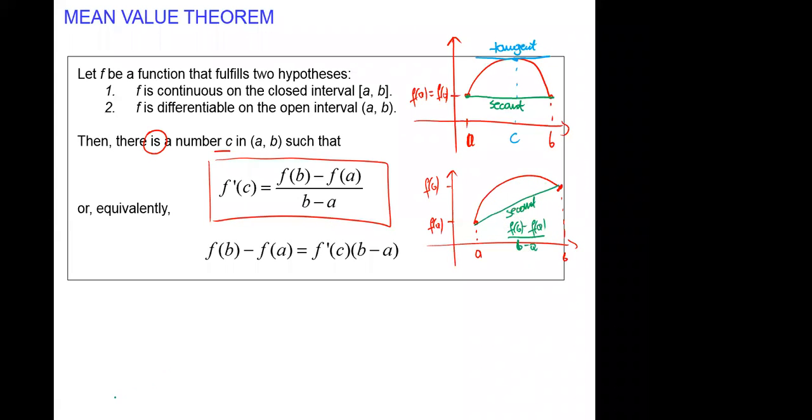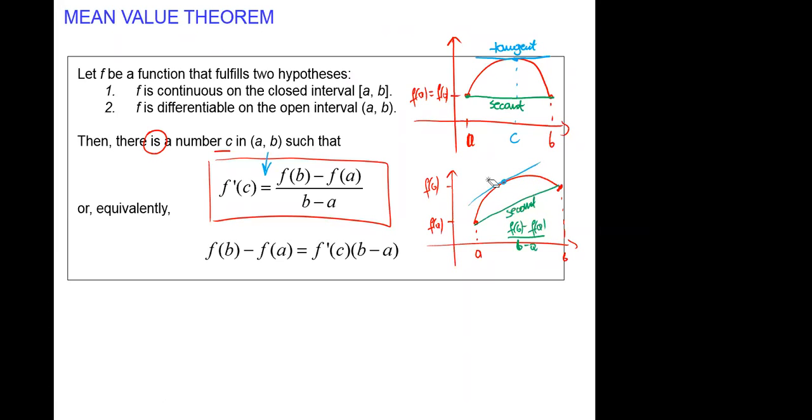That's the slope. And now the theorem is telling me that at least one point, the tangent should be parallel. Now it's not really zero, right? But they are the same. The same means graphically they are parallel lines, not horizontal.